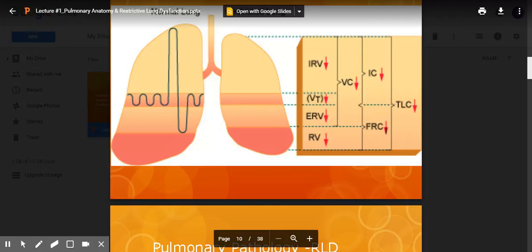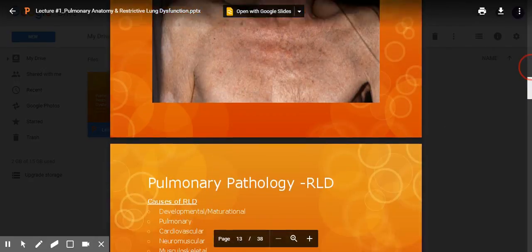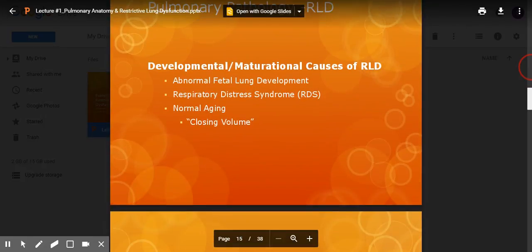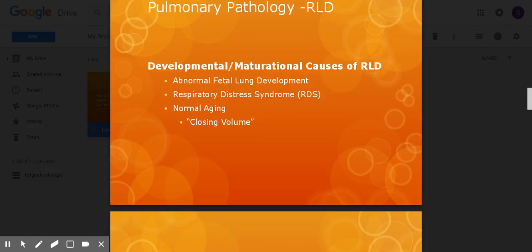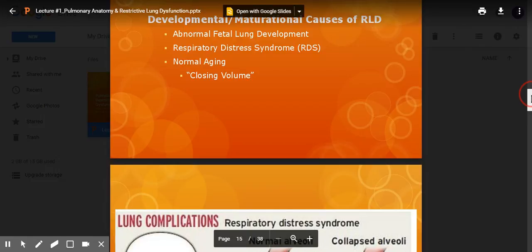This is where that concept of work of breathing comes in, the energy expenditure that the person then has to use in order to take air into and out of their lungs. This is obviously influenced by things like smoking, and the presence of an endotracheal tube can also trigger changes in closing volume.